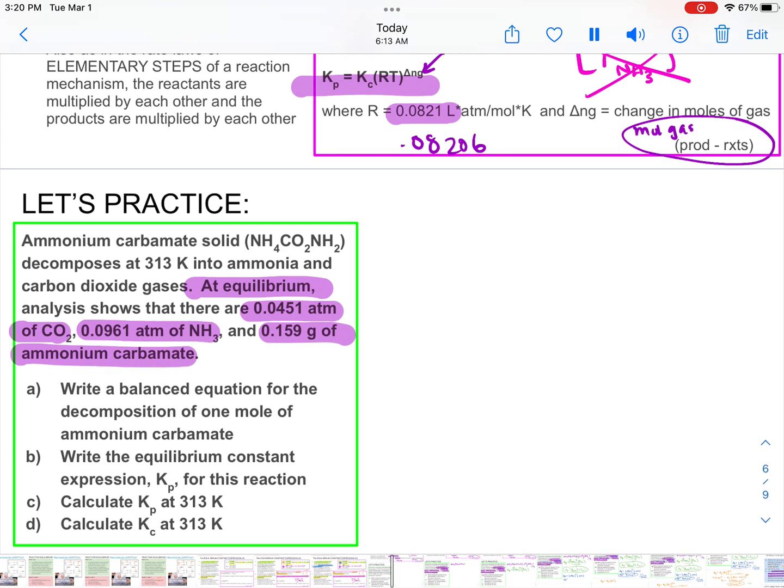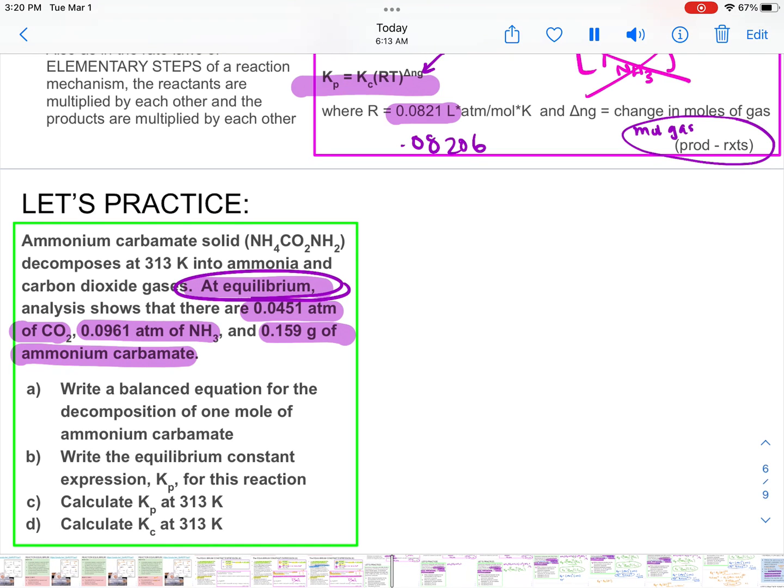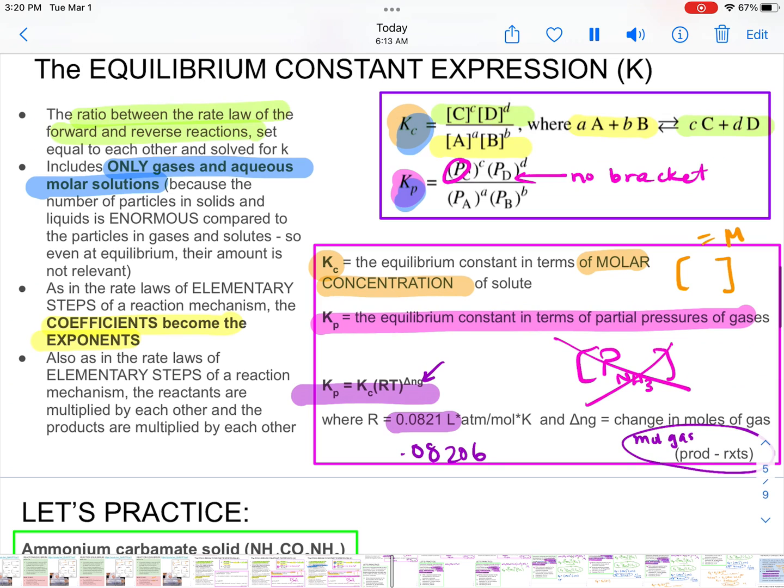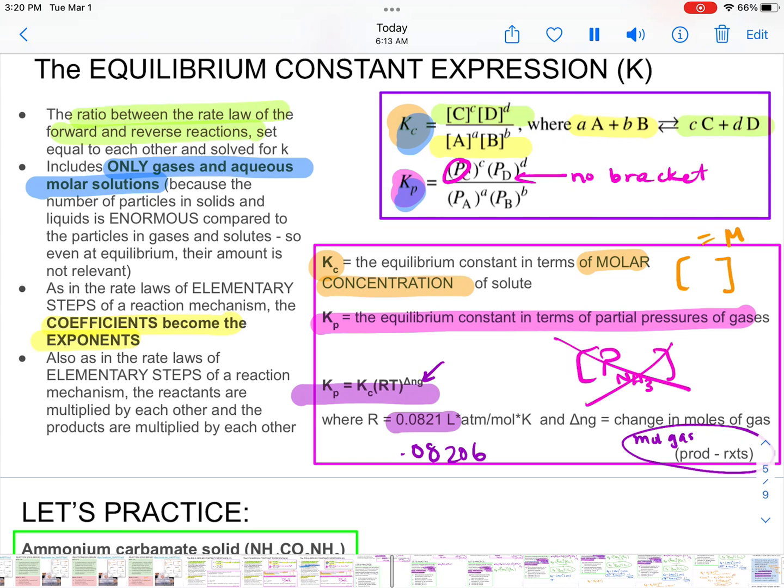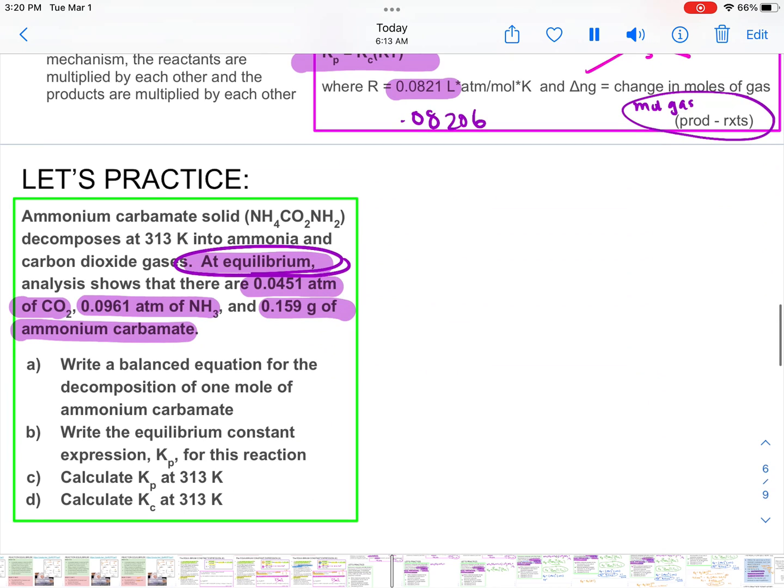The key here is that they're giving you these pressures at equilibrium. This means that I can substitute those values into the equilibrium constant. If those pressures are not at equilibrium, then I can't substitute them in. So if you're writing an equilibrium expression for your constant, any numerical values you use to calculate it have to be while the reaction is at equilibrium.